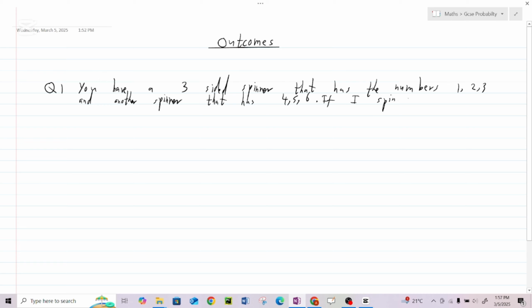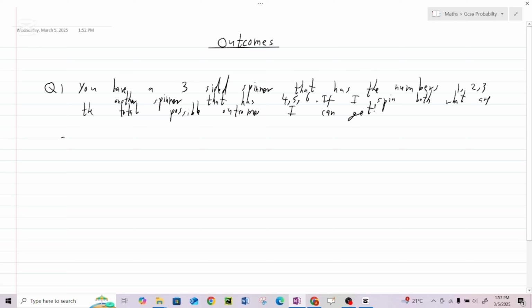If I spin both, what are the total possible outcomes I can get?